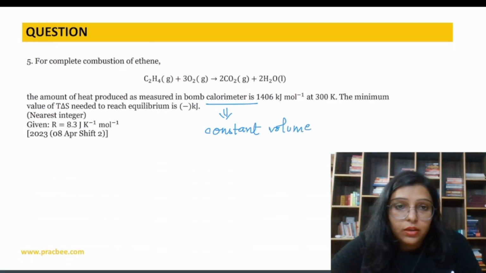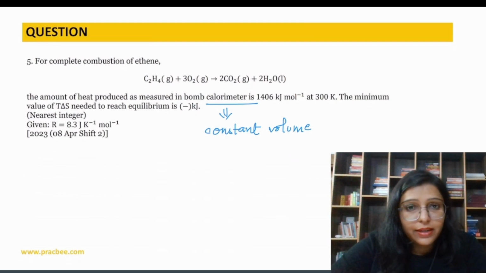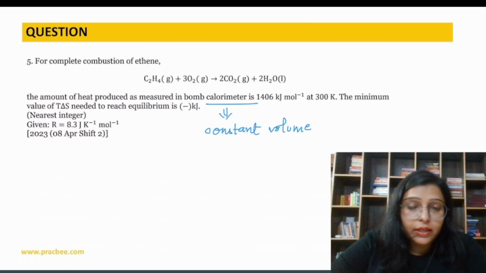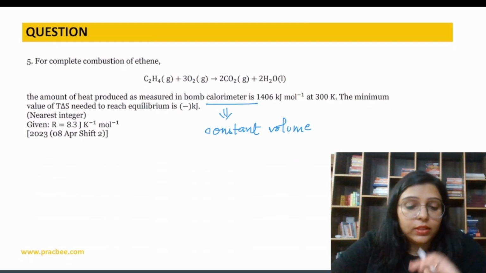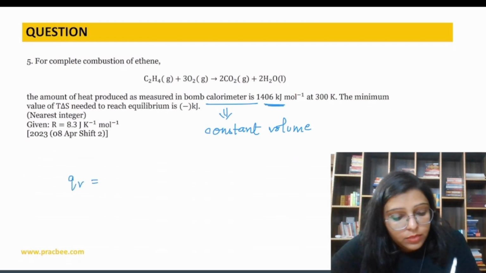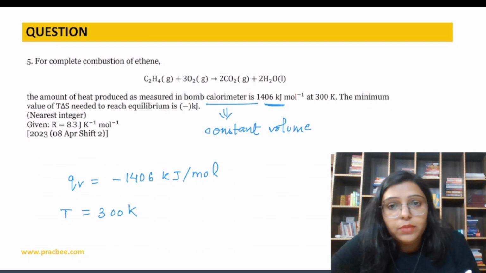A calorimeter is that setup in which we can measure heat. Temperature is 300 Kelvin. So the minimum value of T delta S needed to reach equilibrium is.